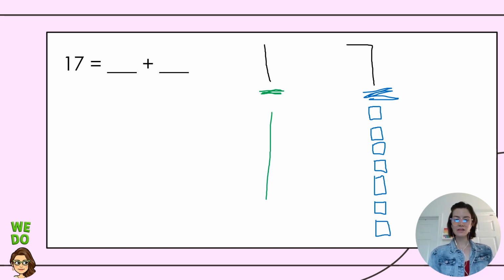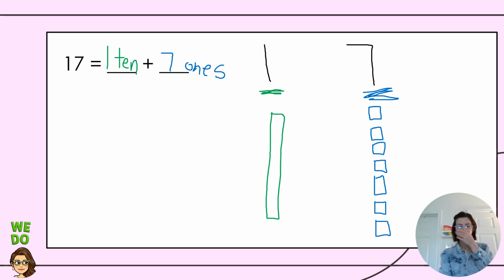We have 1 ten. 17 equals 1 ten and 7 ones. Okay? 17 equals 1 ten plus 7 ones. You can pause this recording, have all this on your board, and then we can move on to the next one.